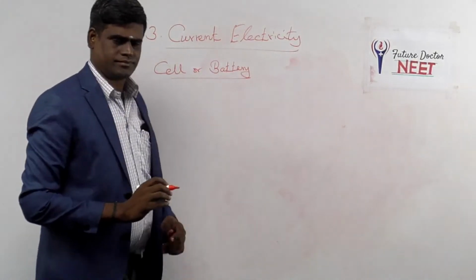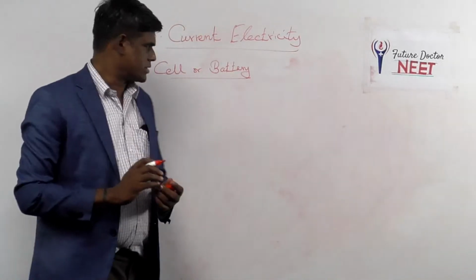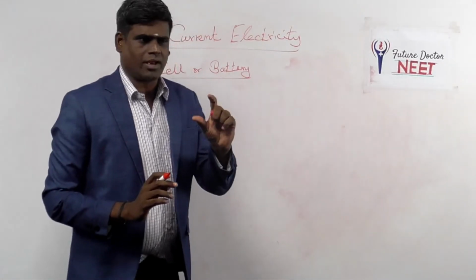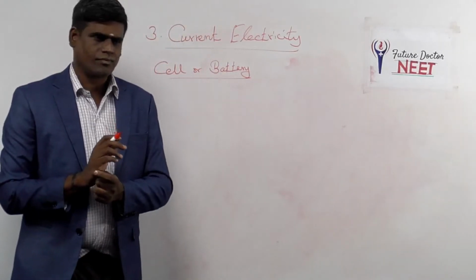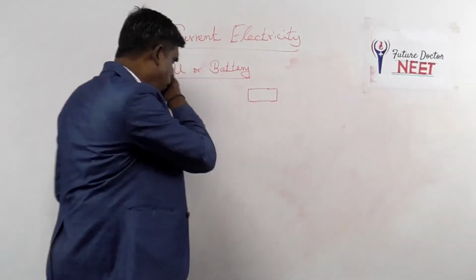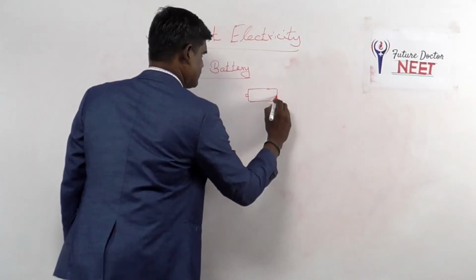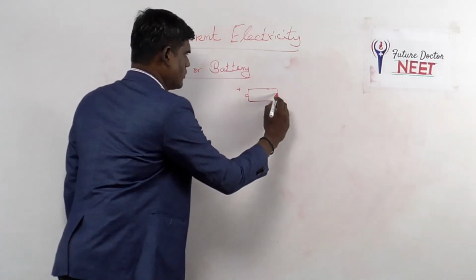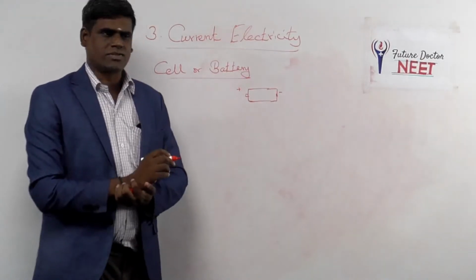Cell or battery. For example, you are using a small cell in our normal remote and all. What's the name of that cell? One side positive, and the other side will be negative.